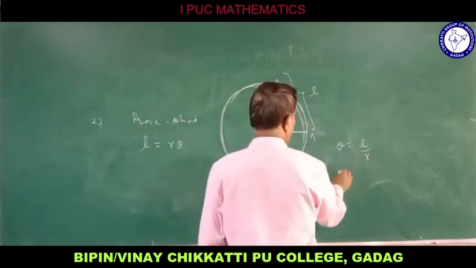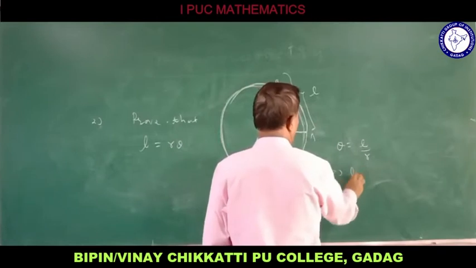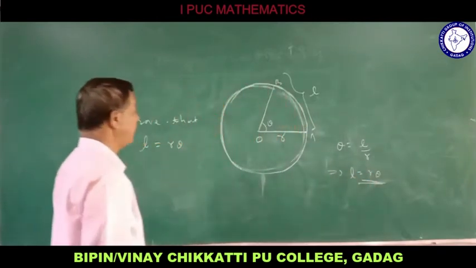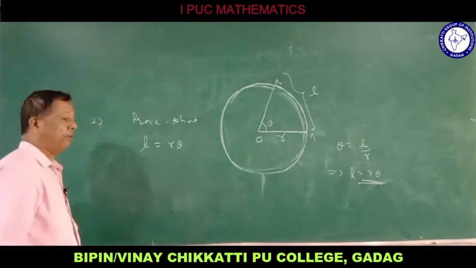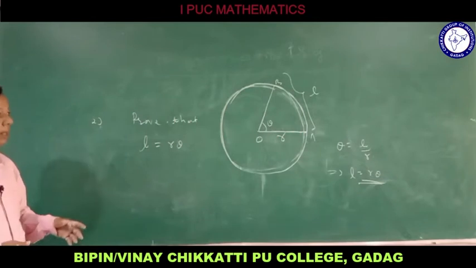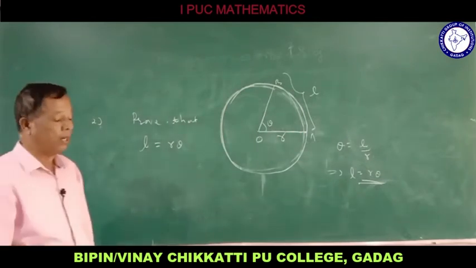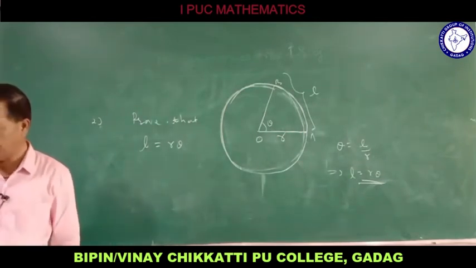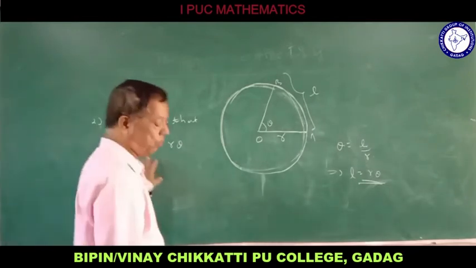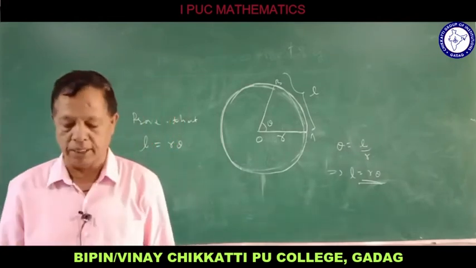So theta equals L by r, or L is equal to r theta. When the angle is the ratio of the arc which subtends the angle at the center, in radian, to the radius of the circle, you can understand how we conclude L is equal to r theta. It is the second result.